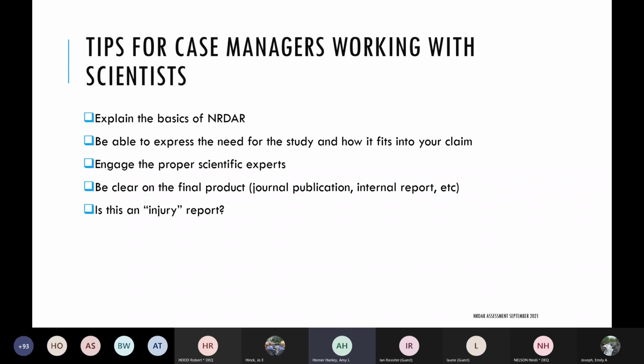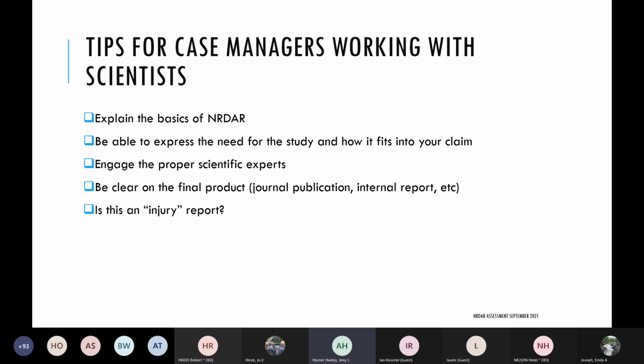So it's important, right, that the expert understands that and is in a position to be able to do something like that. Then, of course, some of our cases have time sensitivities, and so you just have to make sure that the scientist that you're working with has the capacity to deal with the ebb and flow of some of our NRDA cases.